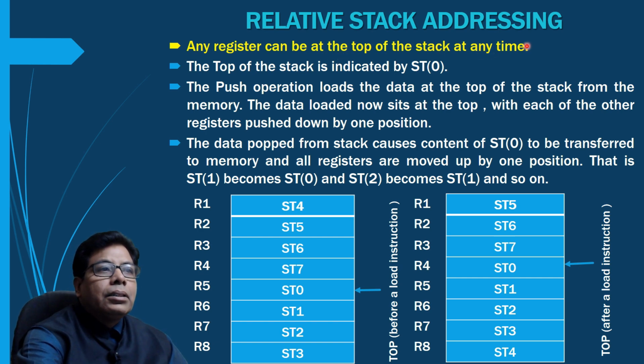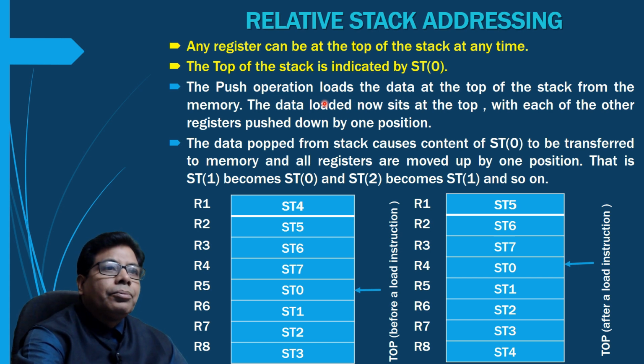So this you must first understand, because the top of the stack is indicated by ST0. So when the index is 0, that will represent the top of the stack, and this index is 3 bits, as I already told you. So those 3 bits are the TOP bits in the control register.